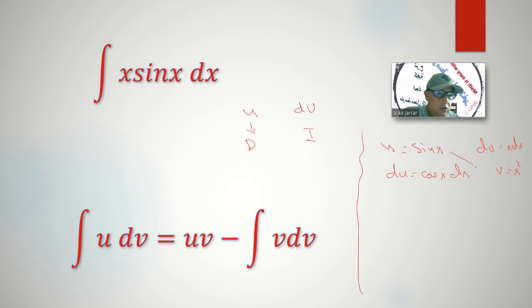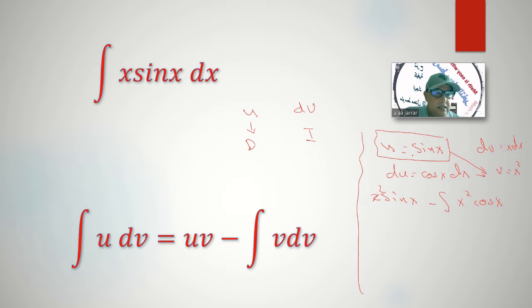Now u times v will be sine x times x squared, minus the integral of v du, which will be x squared cosine x. And here you make it more complicated because you chose u as sine x.